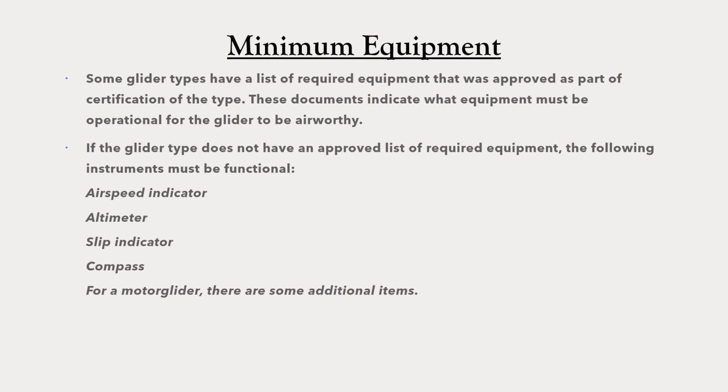There's some engine instruments that are required. And then as we'll get to in lesson 7, for some airspace that you might operate in that is, say, close to bigger airports, there's equipment that's required in order to operate in that airspace. We'll talk about that when we get to lesson 7.